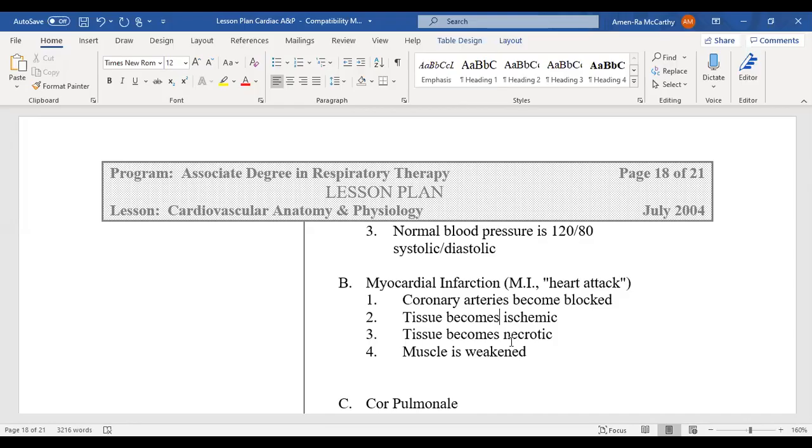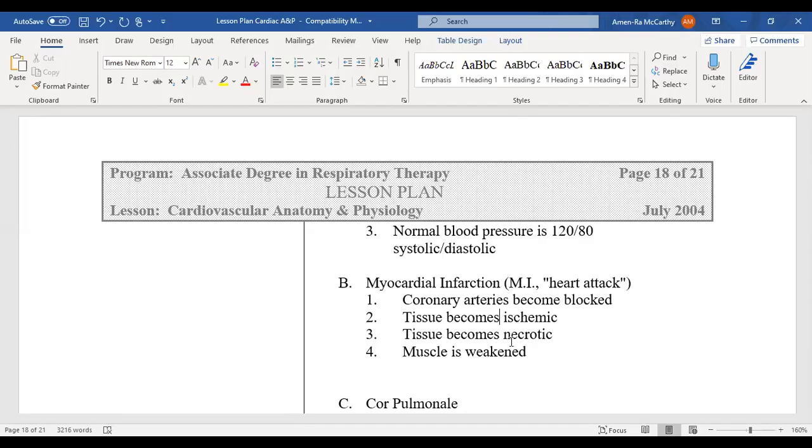If it becomes blocked because of some kind of fat deposit or whatever is causing the blockage, then the tissue that's distal, right? Remember, distal is past, right? Past on downstream. The tissue that's distal to the blockage becomes weak, right? It becomes weak, and if you don't fix it, it will become necrotic, right?